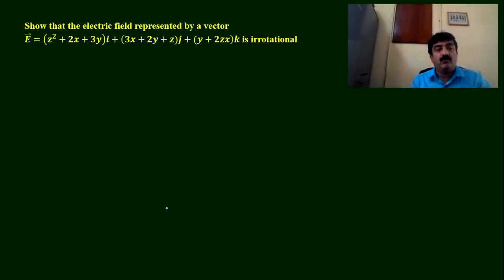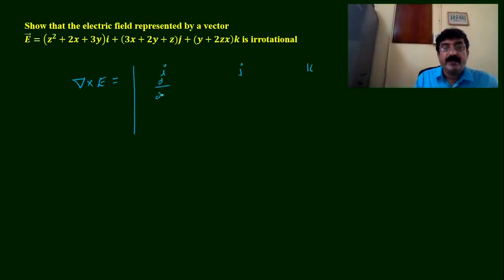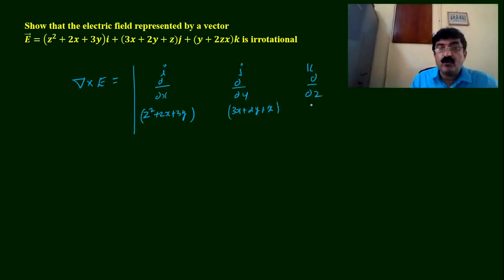Okay, so what all you have to do? Just find out the curl. So okay, I just write the matrix and the remaining part you do on your own. Del cross E is equal to the determinant of i j k, ∂/∂x ∂/∂y ∂/∂z, i coefficient z square plus 2x plus 3y, j coefficient 3x plus 2y plus z, zx, k coefficient y plus 2zx.